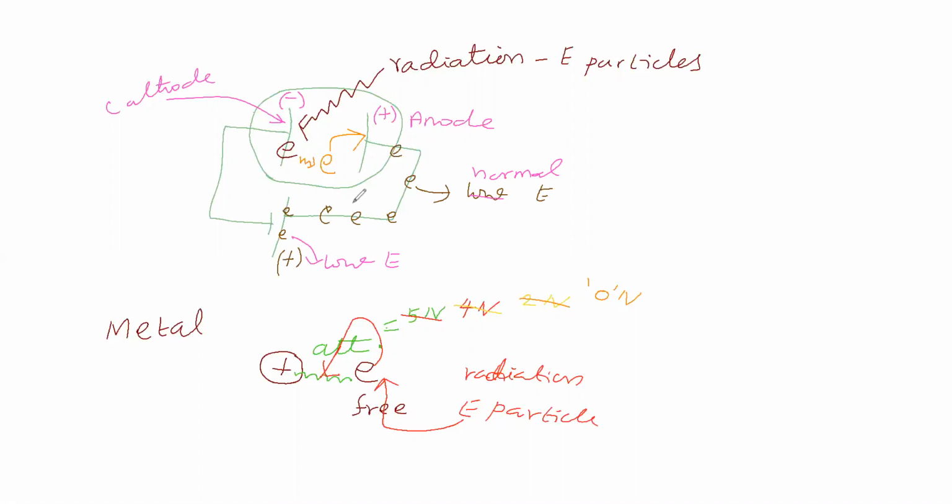Now you say, does the electron which came to the anode possess higher energy, lower energy, or normal energy?